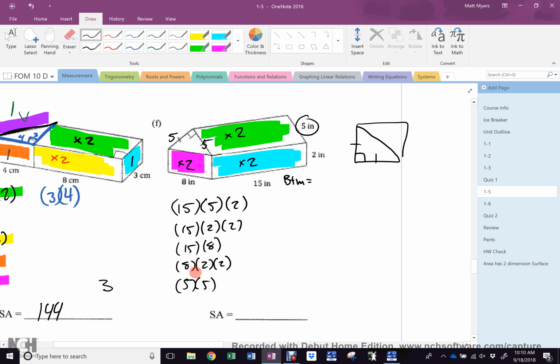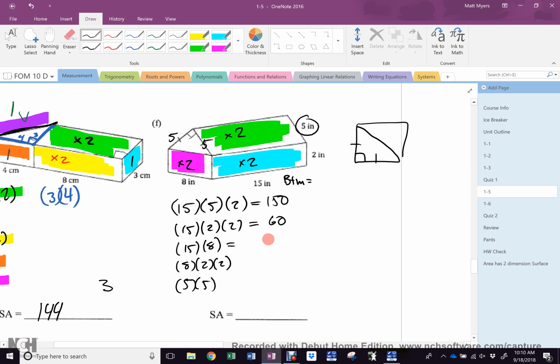If you are memorizing formulas and memorizing what we do and not thinking about what you're actually doing, you screw up, don't you? So then, what do I do with all those numbers? Just add them up. Because there's 5 and 5, they're going to be the same. Is that why? Yep. Because there's 2 triangles on each side. So that's 150. That is 60.